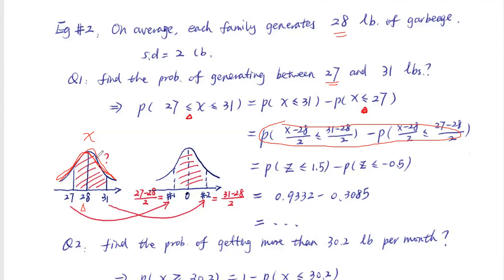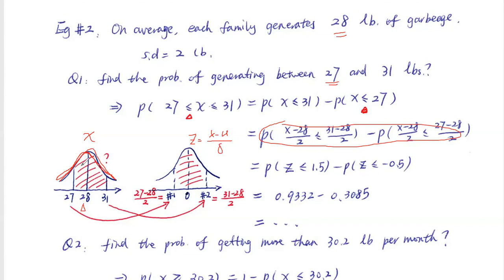So in other words, we have to transform to standard, we have to transform to z. The formula is the same formula we have used: z is equal to x minus mu, divided by sigma. The same formula. So what do we need to find out?